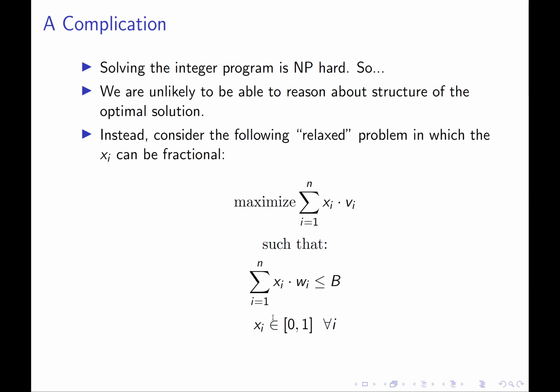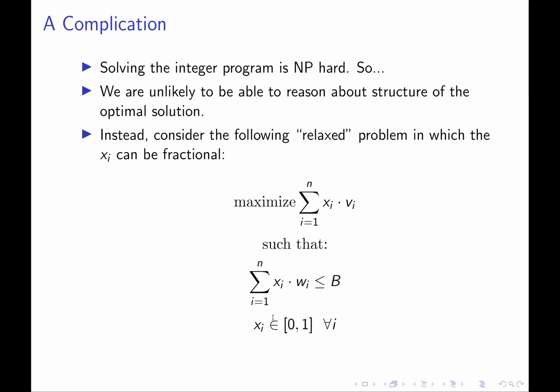They can now be real valued. And all of a sudden, the solutions to this relaxed problem are going to have a very simple structure. We'll see, in fact, there's a very simple algorithm for solving this problem. And we'll have to figure out how to use that because, of course, this is no longer quite the problem that we care about.